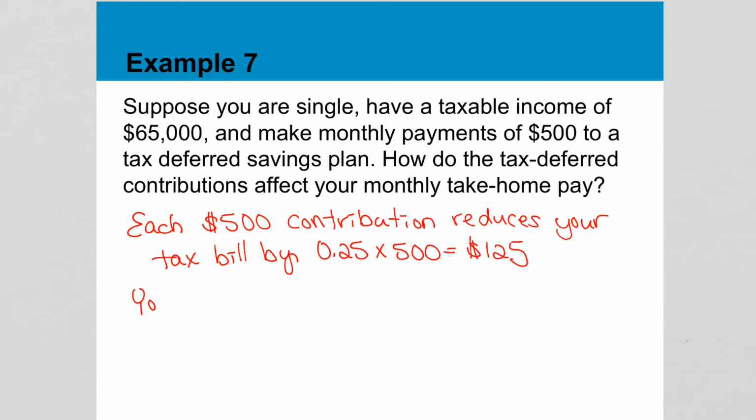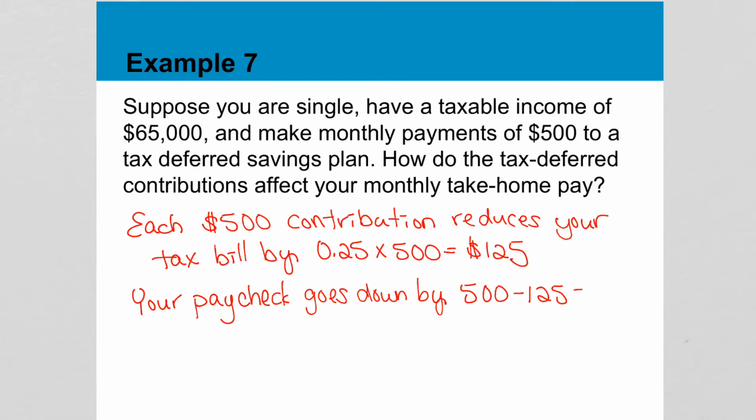So your paycheck goes down by 500 minus 125, or $375. So what we're saying here is you're putting $500 into this plan, but you're really only spending $375 because of your tax bracket and because it's going in before taxes are taken out.